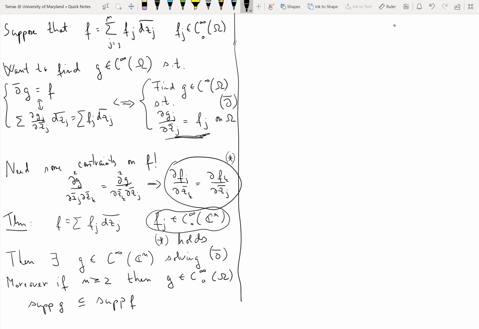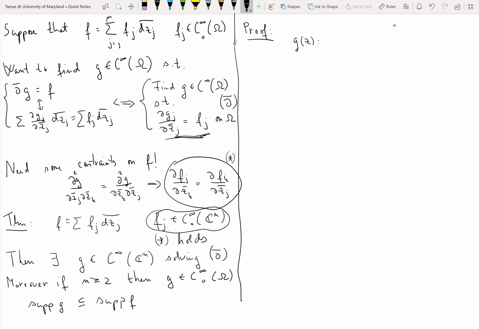Okay, so let me quickly say something about the proof of this result. The proof of this result is deceptively simple in certain aspects. What do I mean by that? It turns out that you can actually guess what this G is.